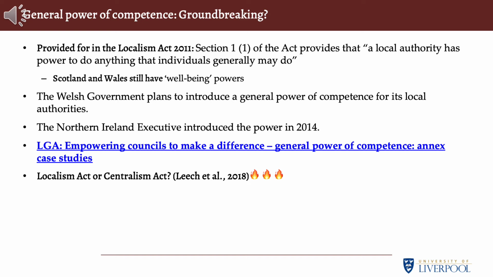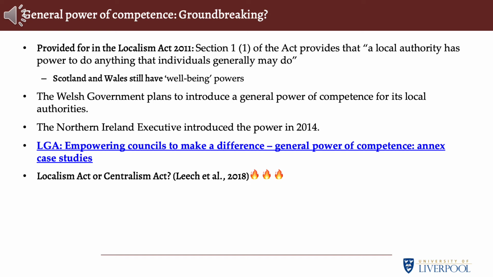You must set up an arm's length company, so there are no tax advantages. And authorities cannot trade in services that they already have a statutory requirement to provide. So you can't start charging kids for school. And you can't use the general power of competence to make bylaws. You have to use pre-existing standard legal mechanisms for that. And if you don't have access to those mechanisms, you can't make bylaws.